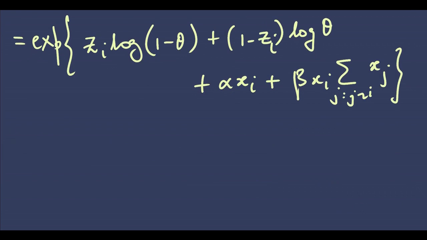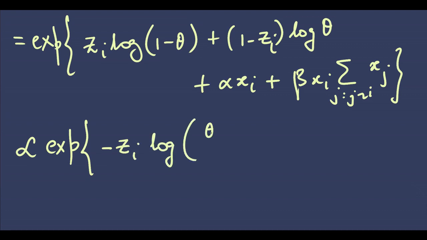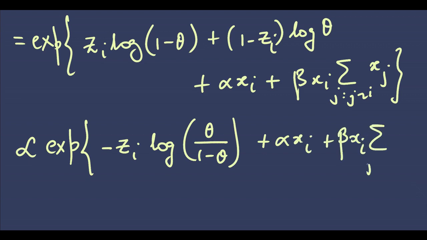So we see that there's a log theta term, which doesn't involve any zi. It's certainly not going to involve an xi, so we can just get rid of that, and we can say that that's proportional to minus zi log theta over 1 minus theta. So we pull out the minus here to give us something that looks like the log odds, plus alpha xi plus beta xi, the sum over j such that j is a neighbor of i of xj.